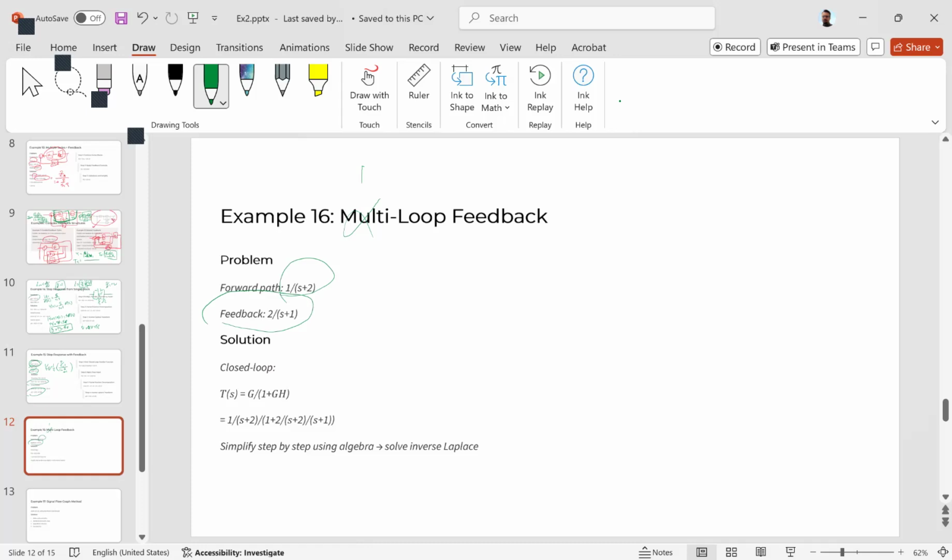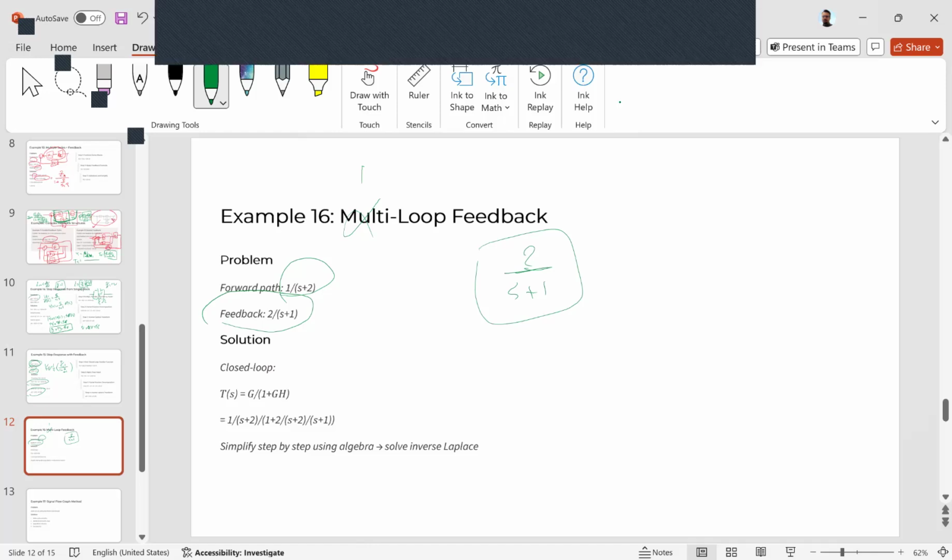Now, I want to have a little fun, okay? Let's look at this 2 over S plus 1. Can we expand that block to see what is happening in detail inside that block? We can expand it to a feedback, right?